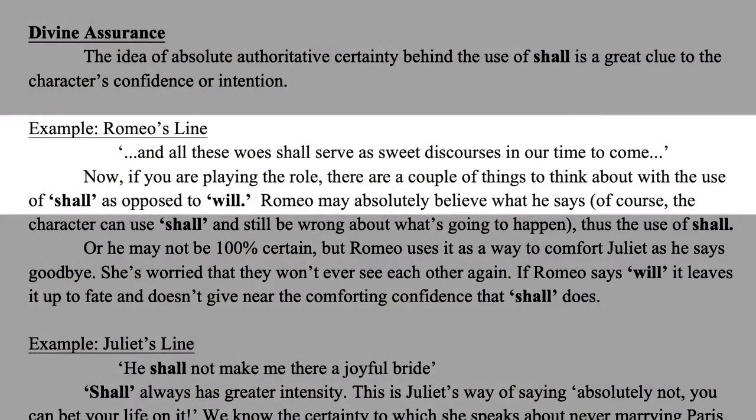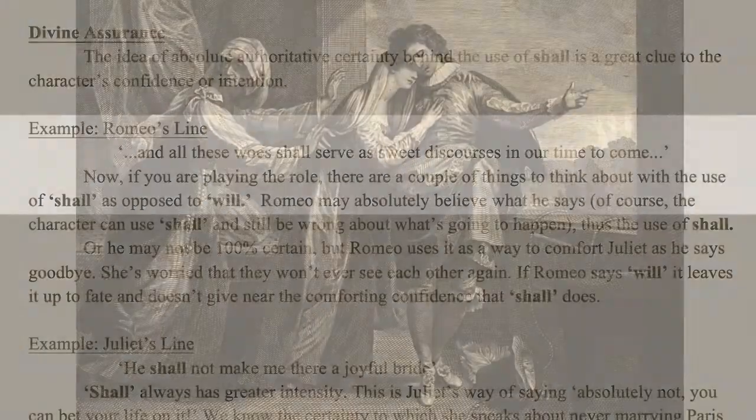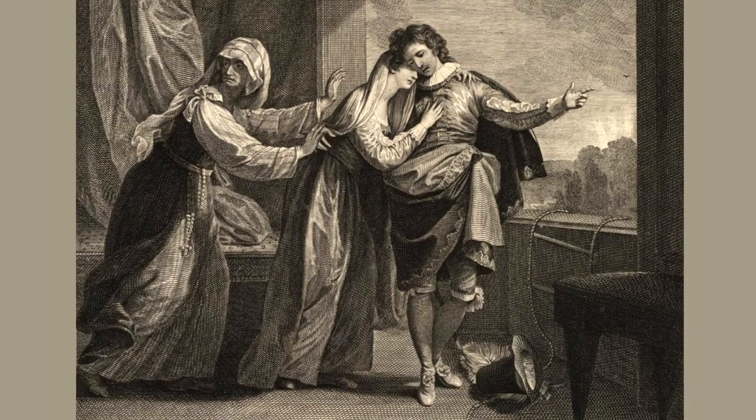In Romeo and Juliet, Romeo says to Juliet, and all these woes shall serve as sweet discourses in our times to come. If you're playing the role, there are a couple of things to think about with the use of shall as opposed to will. Romeo may absolutely believe what he says, thus the use of shall.